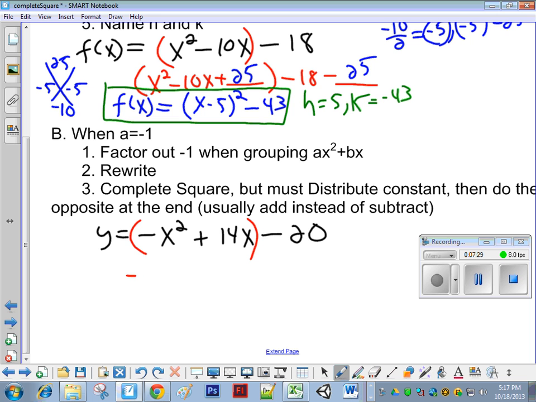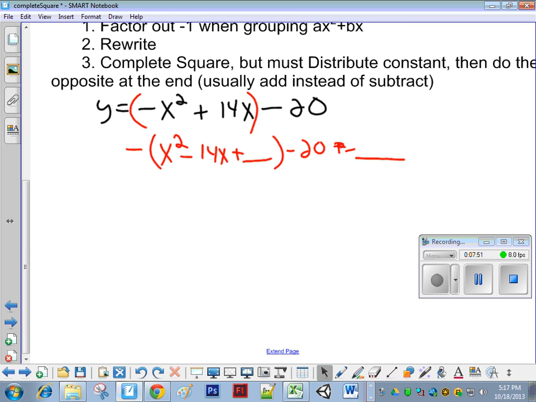So I'm going to put a negative outside of the parentheses, x squared. Now, because I'm dividing out a negative, it has to be minus 14x. This will still be added, whatever my completed square will be, and I'll still have the minus 20. And for right now, I'll put minus whatever number I added. We'll see what happens to that in a little bit.